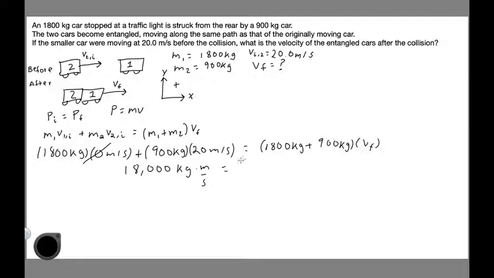And this will equal the combined mass of both cars, which is 2,700 kilograms times the final velocity.